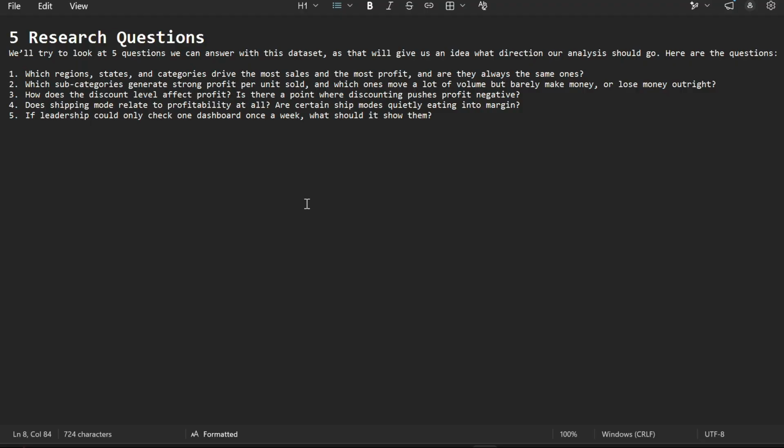So we might not be able to track a single product's stock over time, but instead we are going to build something that's arguably more useful for a business like this: a per unit profitability signal that tells us which subcategories are worth continuing to stock at all, based on how much profit each unit actually generates. It's going to be a lot of work, but we are going to push through it.